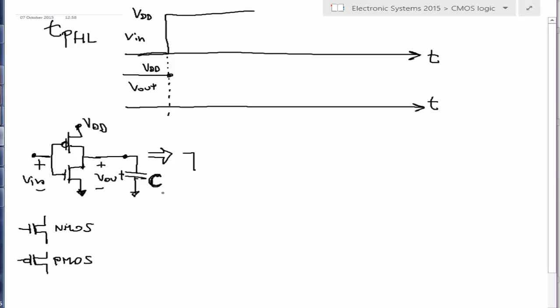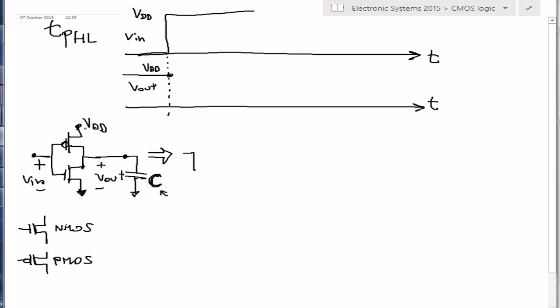We need to discuss this issue, but let me discuss the load later. We assume an output capacitor because we typically have at the output of an inverter another logic gate, which has as inputs the gates of other MOSFETs, and therefore can be seen as a capacitor. But I will come back to the value of C.